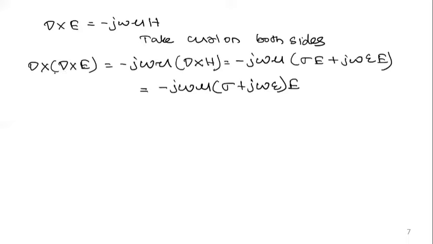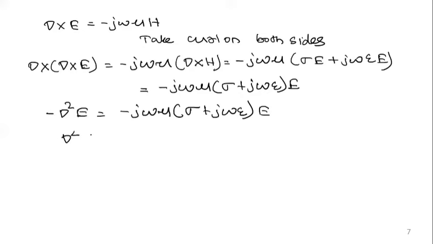Then you know the formula here, del dot del, right? So it will be minus del square E is equal to minus j omega mu into sigma plus j omega epsilon into E, right? Take out the negative sign. Del square E is equal to j omega mu into sigma plus j omega epsilon into E, right?